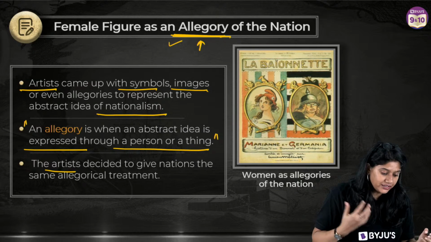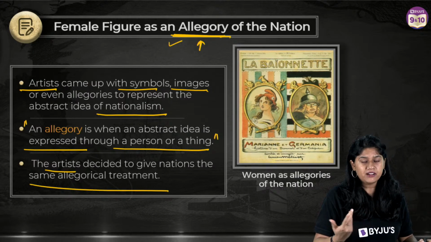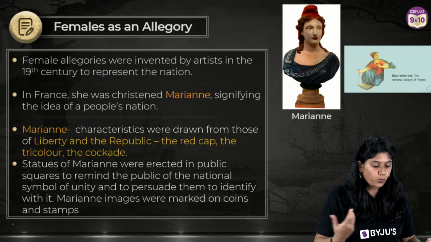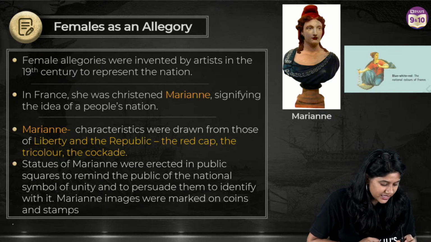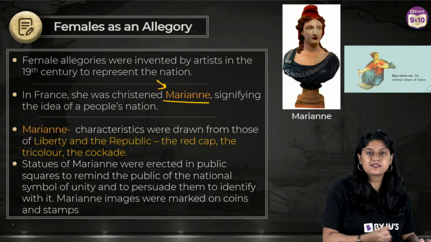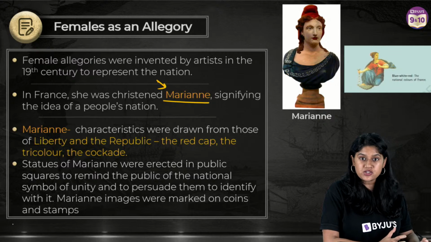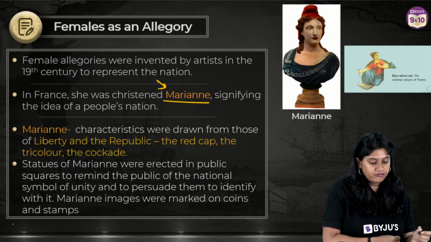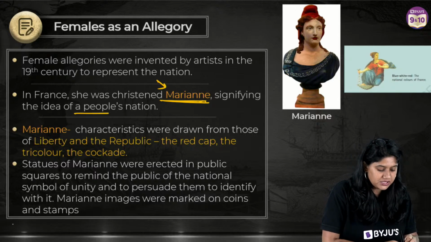So the artists decided to give the nation a female figure. So of course, we have the female figure for France, and we call her Marianne. It's a very famous French name. Remember that, everyone, it's a very famous French Christian name. So they gave this name to signify a people's nation.